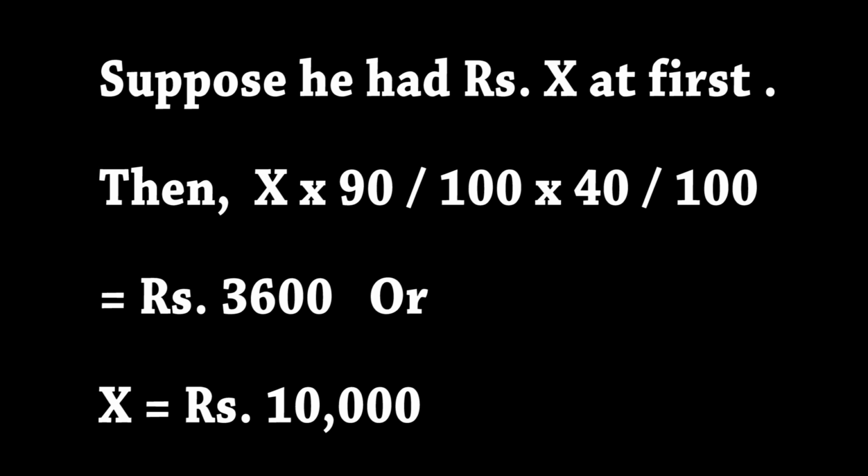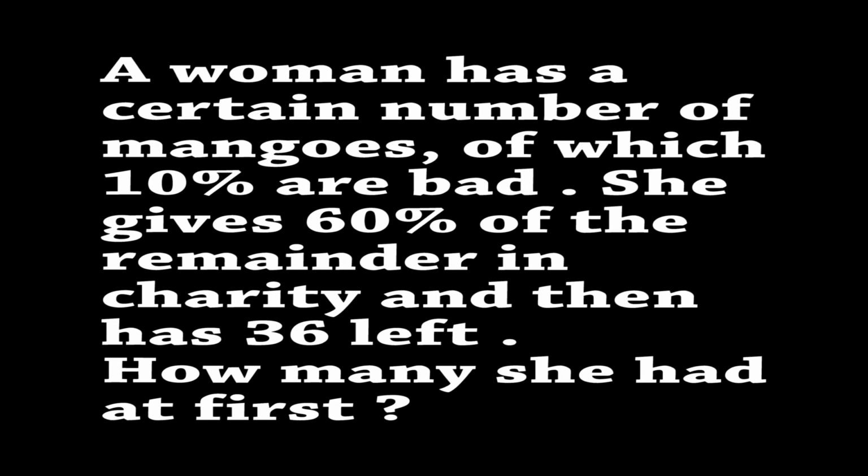Next question. A woman has a certain number of mangoes, of which 10% are bad. She gives 60% of the remainder in charity, and then has 36 left. How many she had at first? Solution.